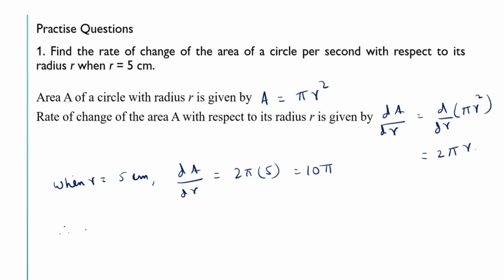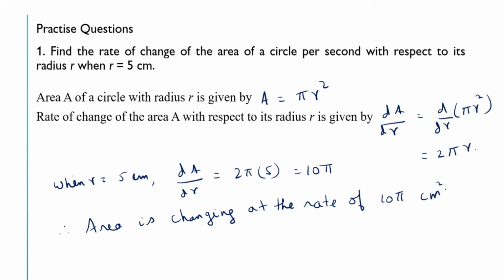So from this you can write area is changing at the rate of 10 pi centimeter square per second. The unit for area is centimeter square. Here they are asking rate of change of area of a circle per second, so the rate of change of area per second will be 10 pi centimeter square per second.